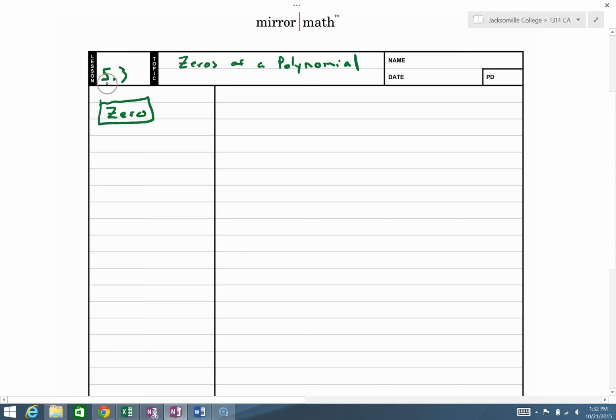In this video, we'll be looking at 5.3, zeros of a polynomial. Definition, zero. A zero is an input value for our function that maps to zero.